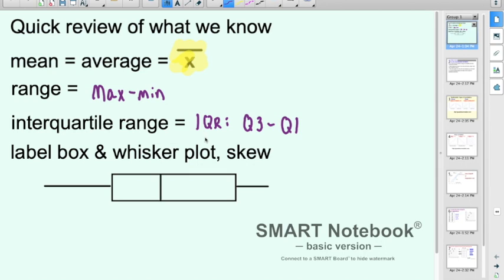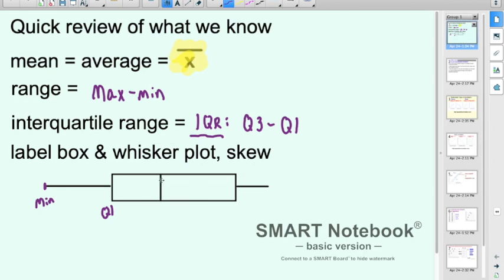And if you're looking at a box plot, I think it's easy to remember how to find the IQR if you're looking at the actual box. So here it says label the box and whisker plot and the skew. So the first point on the box and whisker plot, that is our minimum. And then we come to this first line here, part of the box, that is your Q1.